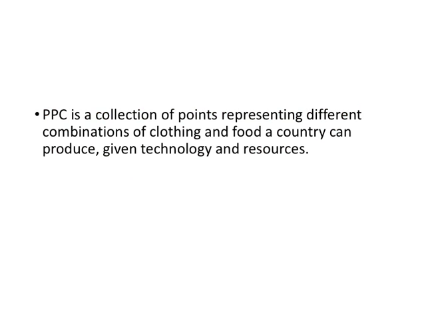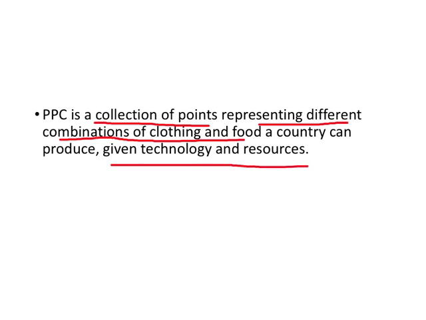On the previous slide, we drew a production possibilities curve, or in short PPC, and here is a formal definition of PPC: PPC is a collection of points representing different combinations of clothing and food a country can produce given its technology and resources. So this is the formal definition of PPC.